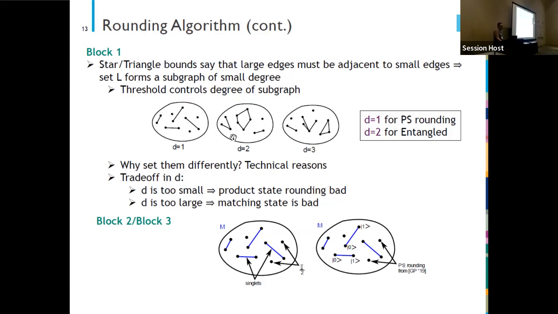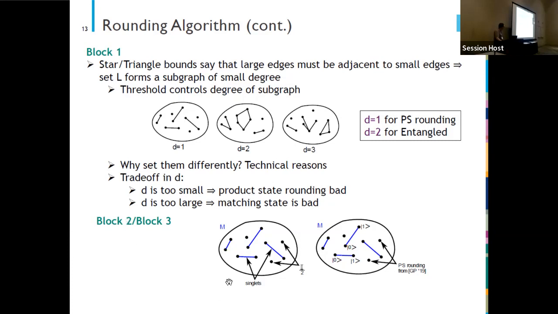Whereas if you have some intermediate value, the degree of the graph you get might be 2 or 3. The real reason we need different thresholds is pretty technical. So I'm just going to say that if D is too small, then the product state algorithm is bad, whereas if D is too large, then the matching state is bad.